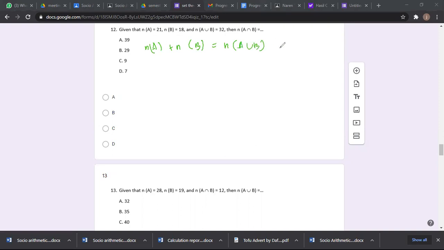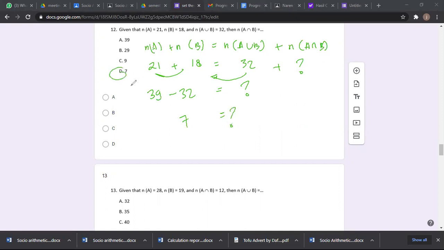The left side is the single part, and on the right side is the double letter part. So I can write 21 plus 18 equals 39, and then here it is asking about this one. So this part we can count as 39 minus 32. From this 32, we move it to the left. So 7. Yep, we find the answer.